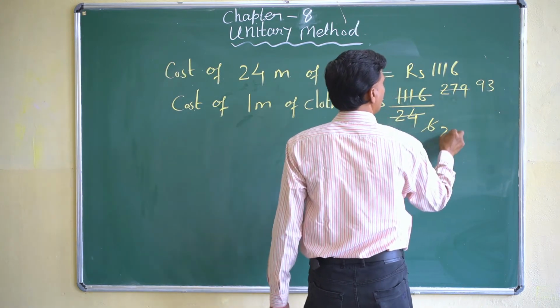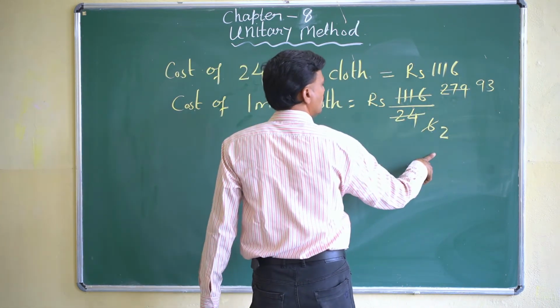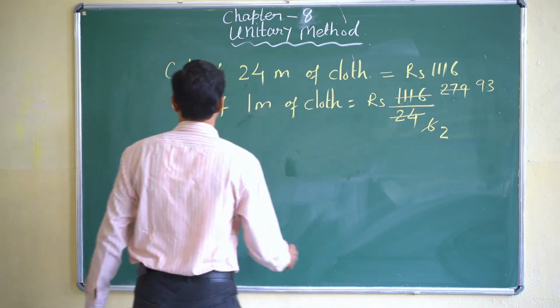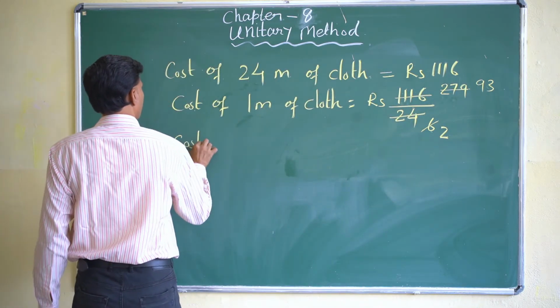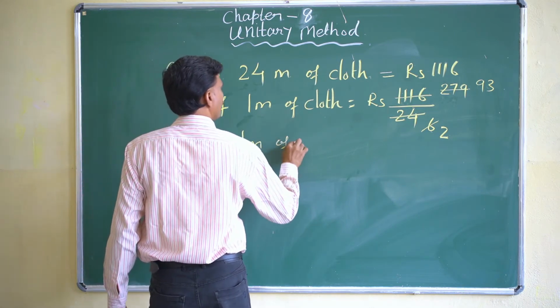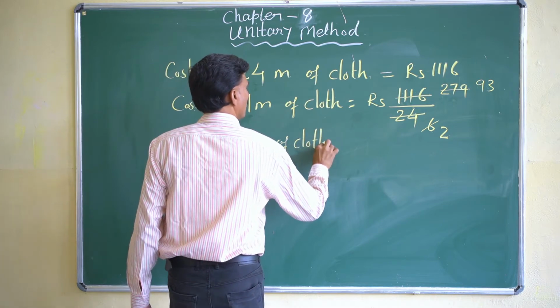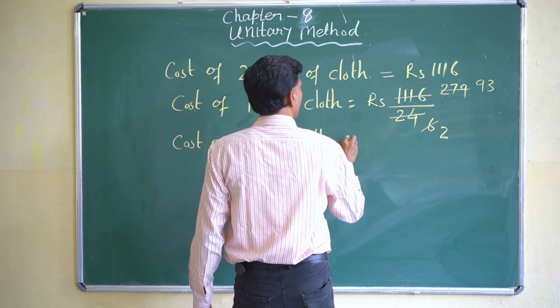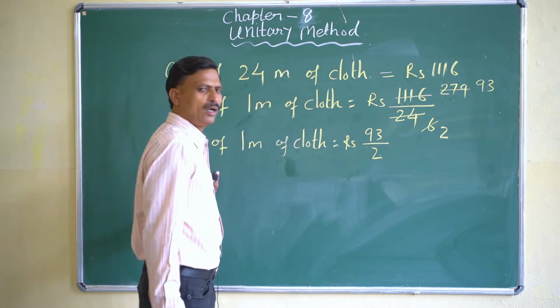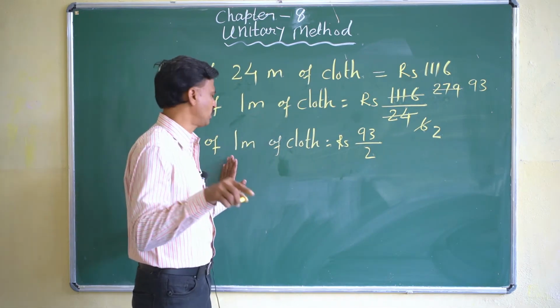So what is coming? 93 upon 2, that is the cost of 1 meter of cloth.